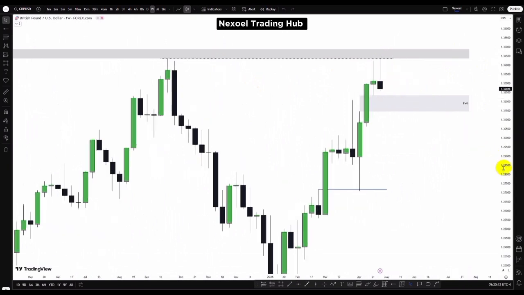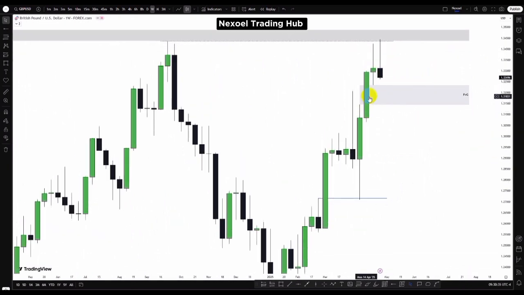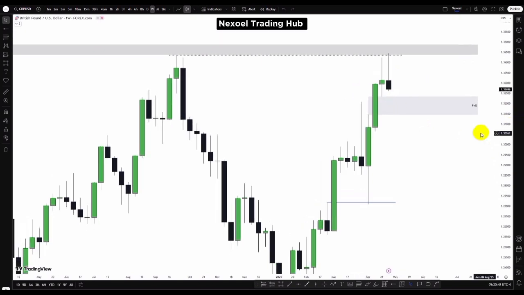So here we have the weekly bullish fair value gap zone. So clearly my drawn liquidity to the downside is this weekly candle low and the weekly bullish fair value gap zone here. So I'm expecting to see how price would give us movement to the downside in GBPUSD also.